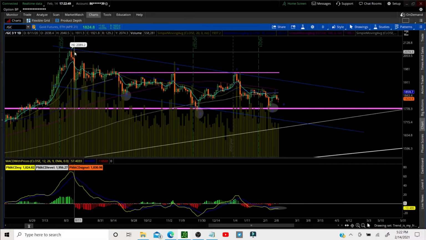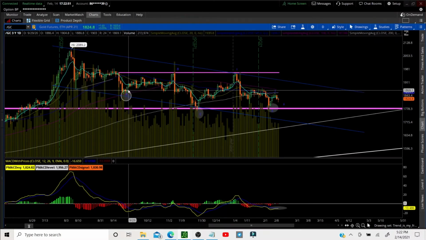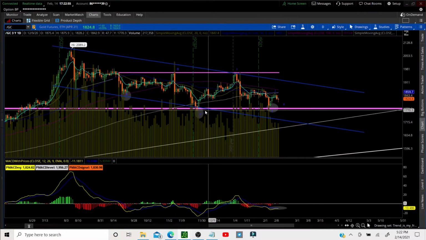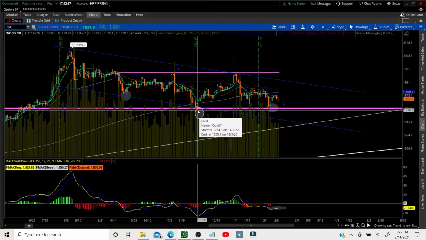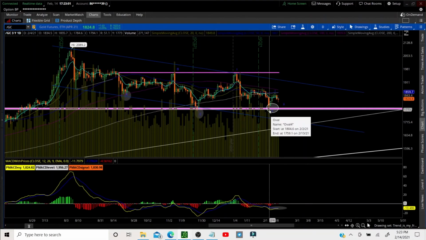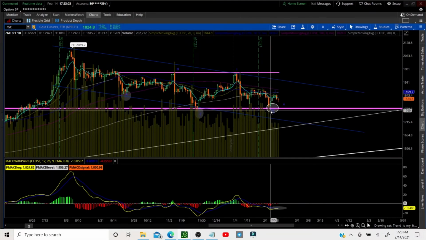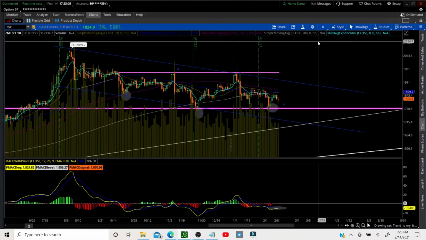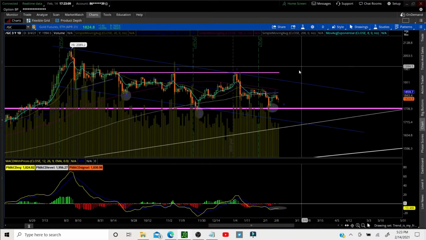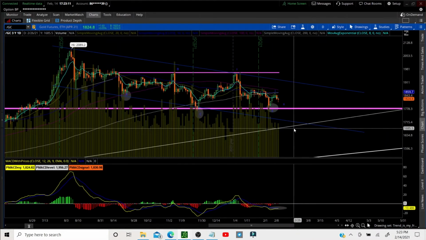We had here an A, B, C correction, and what I now believe is right at support. So now what I believe, this is a wave 1 down to wave 2. And this wave 3 is going to be impulsive, guys. This is going to be a nice long wave here. We think, the market can do what it wants, as I always say.